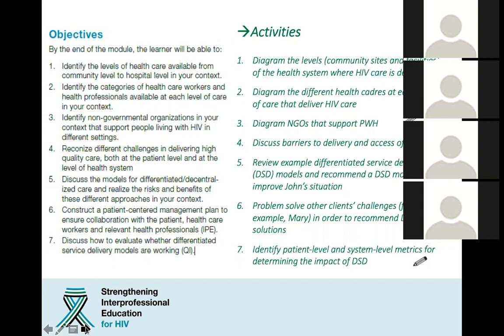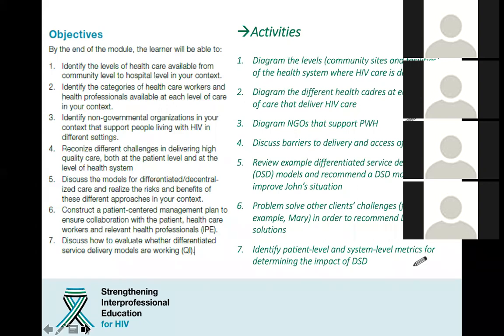We want to find out how Jane can deliver care in a way that is responsive to the volume of patients she's seeing and her own personal psychosocial needs as a healthcare provider. Those are some of the things addressed in activity 4.